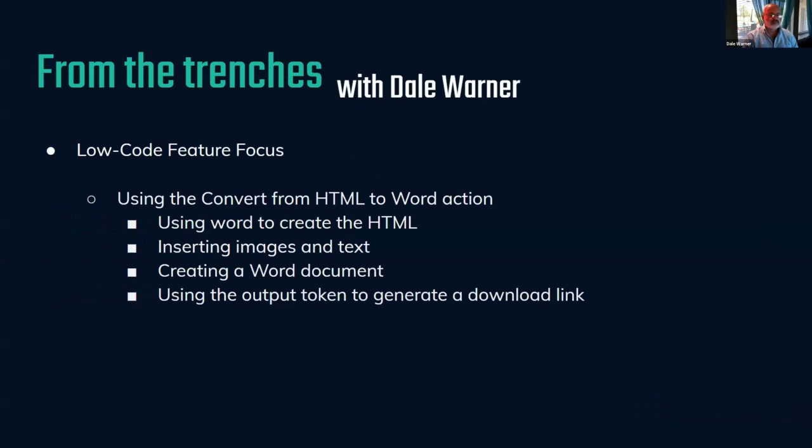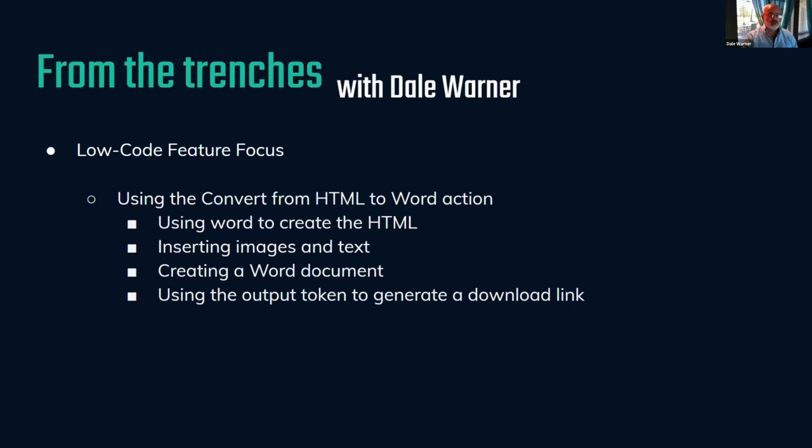We have a new low-code feature focus that was posted this week. We had a client that asked questions about our convert from HTML to Word action, which is a standard action in Planted App and available as an option within the DNN Sharp community. It allows us to take HTML and create a Word document. This short video covers, first of all, how I used Word to actually create the HTML, which can be useful if you want a nicely formatted document.